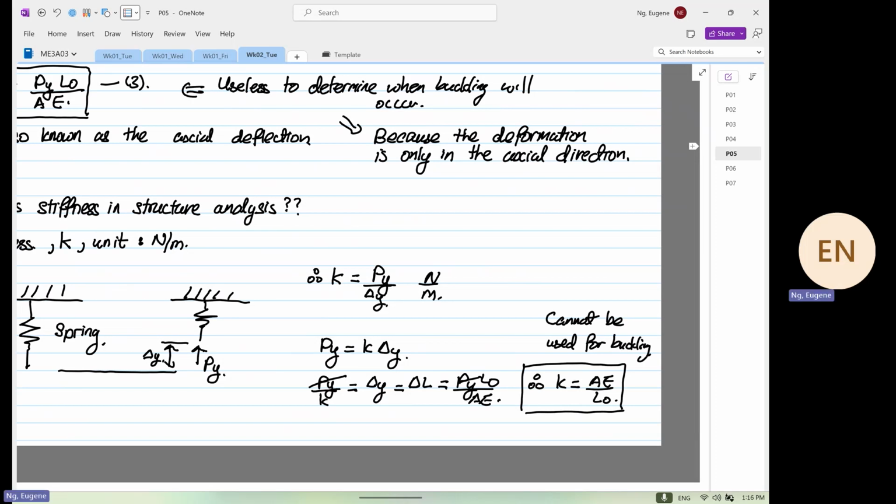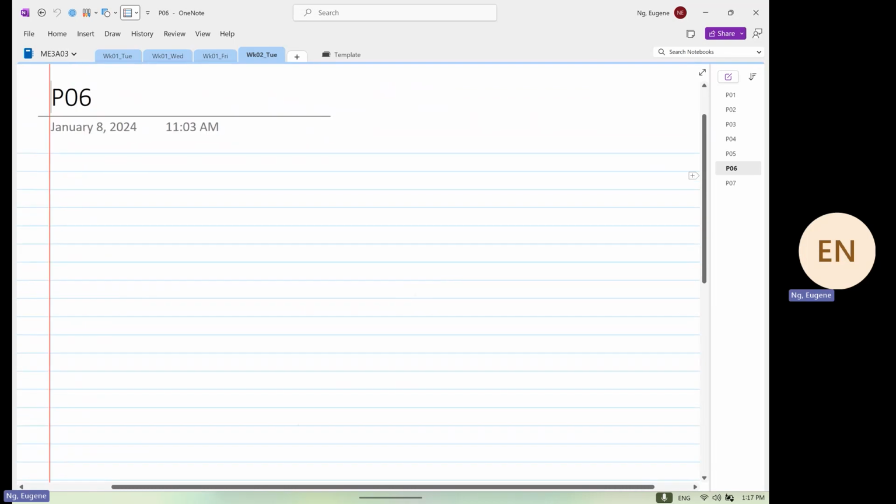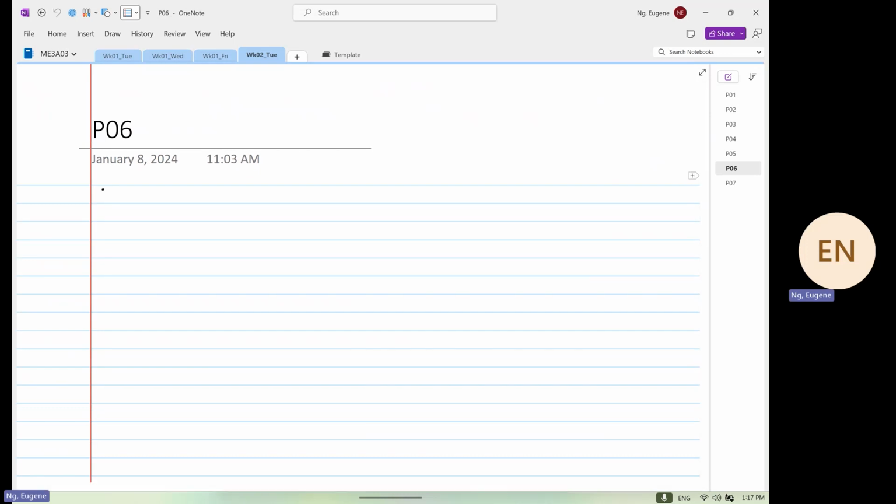Okay, so in order to use for buckling, we have to reformulate our analysis. So we are going to look at the deformation pattern for buckling.